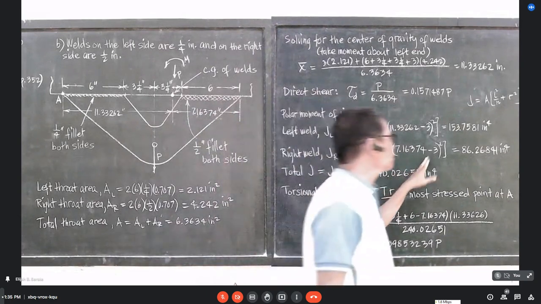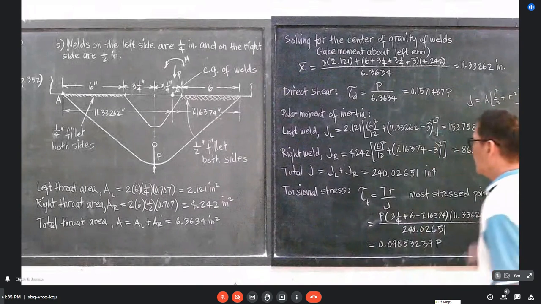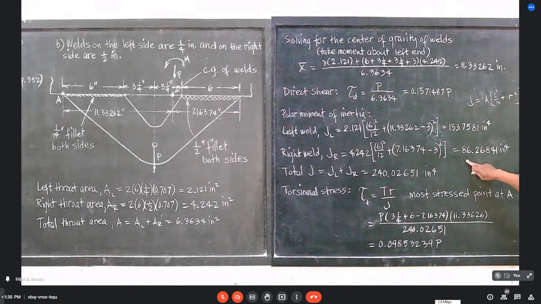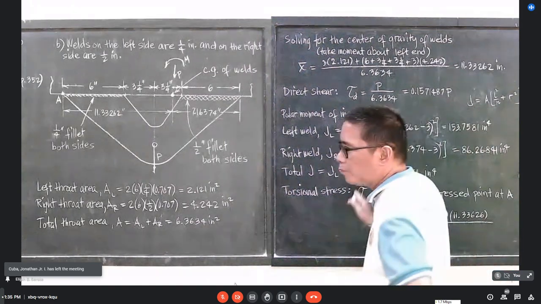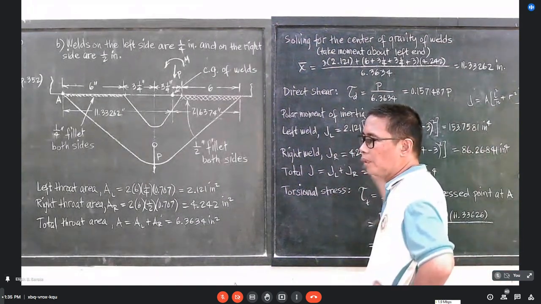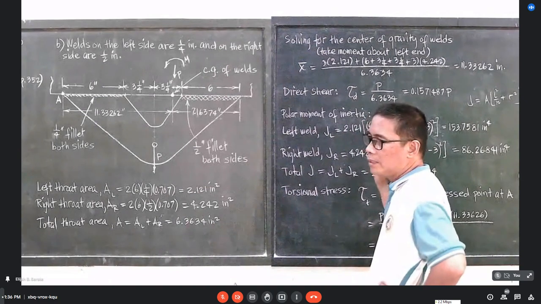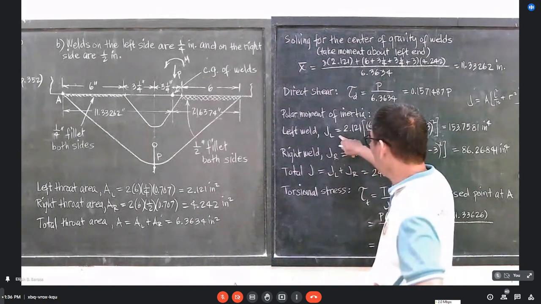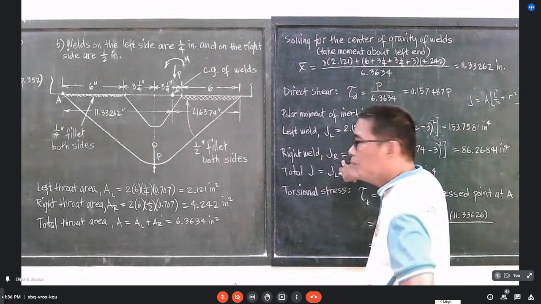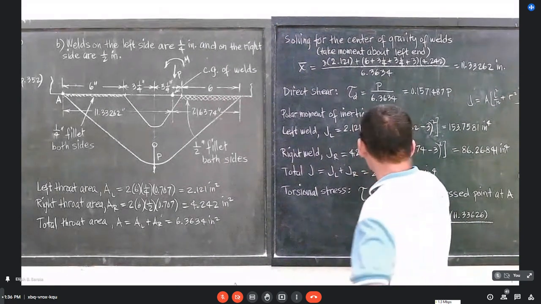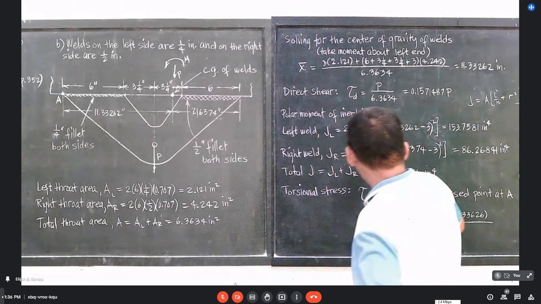So minus 3 squared. Then we get the polar moment of inertia of the right weld. Now the total polar moment of inertia can be added directly because our reference for both is the center of gravity. This polar moment of inertia of the left weld is about the center of gravity and also this one. So we add this to this, then we will have this.